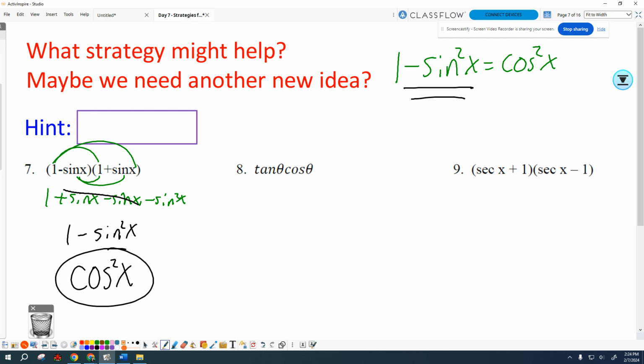Okay, you guys should be able to do number 8. It's quick, so what we just did with number 7, try also with number 8. Strategies similar. Often people change this in a way that makes sense.